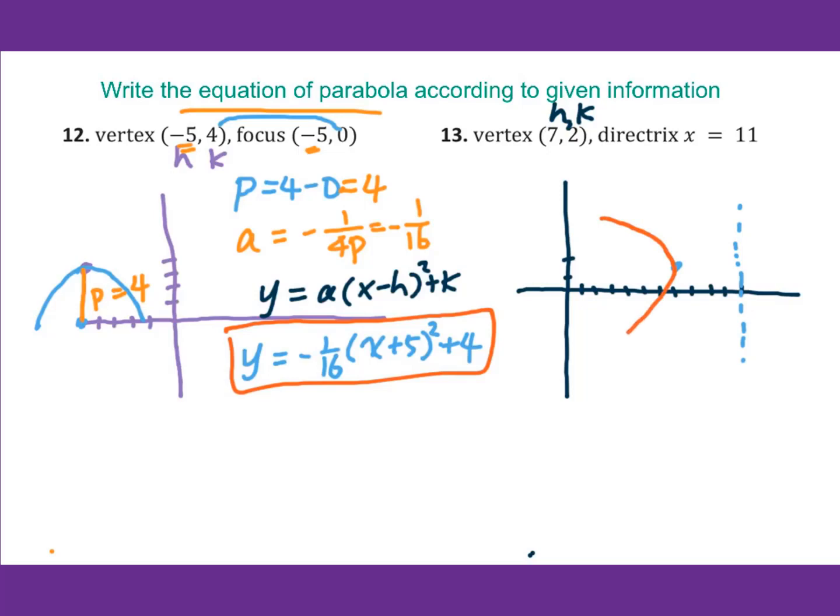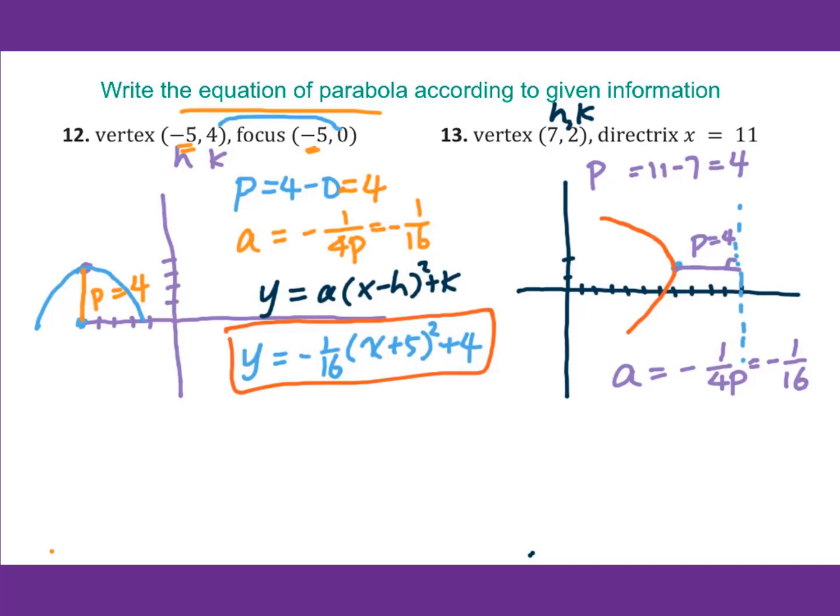The distance between the vertex and the directrix, that's 11 minus 7 equals 4. That will be P. Since the graph opens to the left, a is negative 1 over 4P, which equals negative 1 over 16.